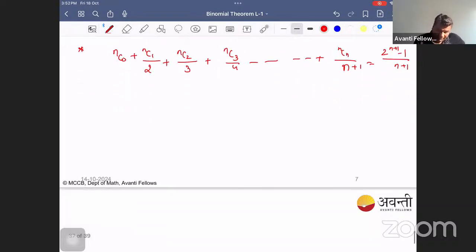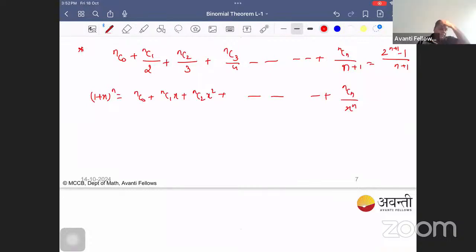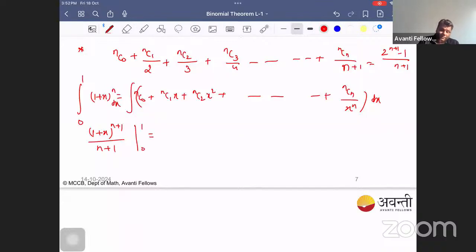See, now you have (1 plus x) raised to the power n is nC0 plus nC1 x plus nC2 x square and so on, nCn x to the power n. All right. So now do one thing, integrate both sides. Clear? Now the integration of the left side will be (1 plus x) to the power n plus 1 upon n plus 1. Let us put the limit of integration from 0 to 1. This is also from 0 to 1.